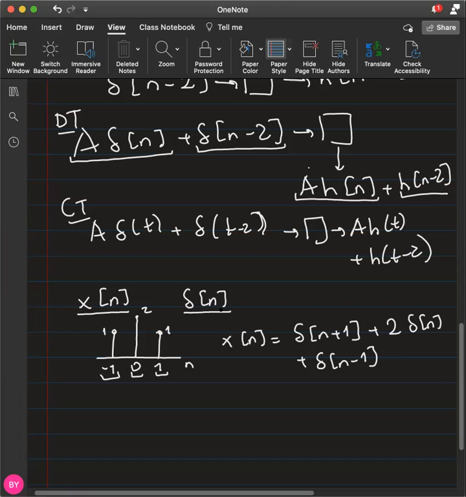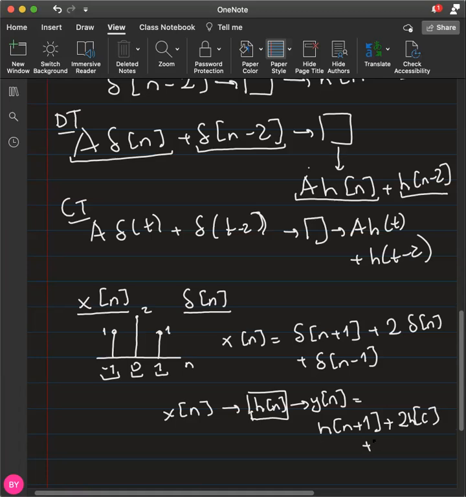Okay? So this is critical. If x of n is my input to a system which has an impulse response of h of n, then my output y of n will be equal to h of n plus 1 plus 2 h of n plus h of n minus 1.